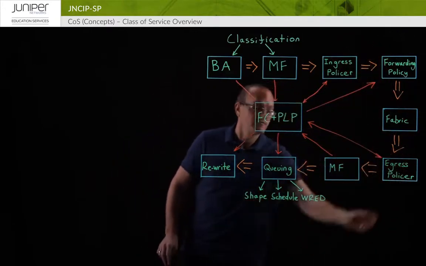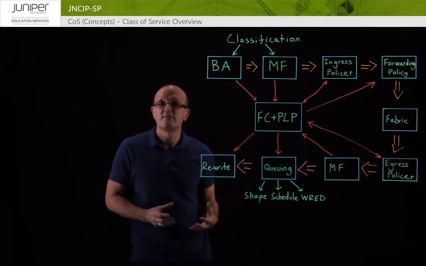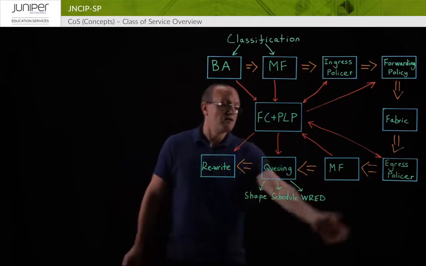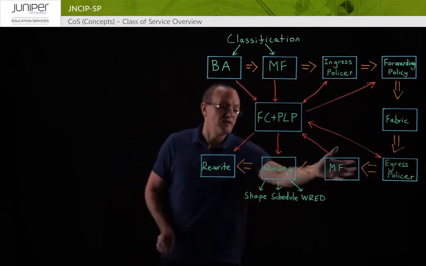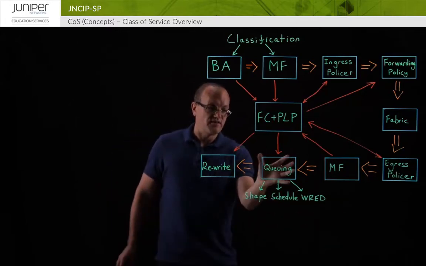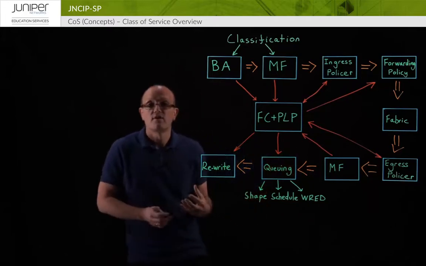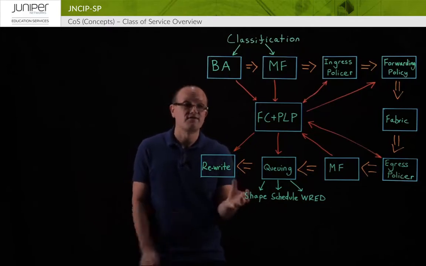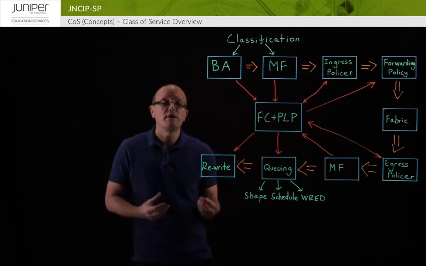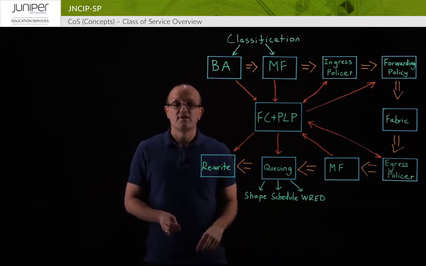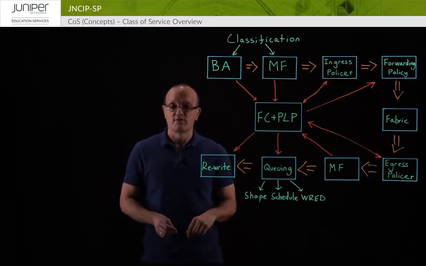On the egress interface, we can be policing, we can be rate limiting that traffic again. On the egress interface, we can also be reclassifying using multi-field classifiers, should we so desire. And then on the egress interface, we can also be queuing the traffic. So we can be shaping the traffic, we can be scheduling the traffic based on forwarding class, or we can use weighted random early detection to start to drop traffic before an interface is congested, before tail drop starts to occur.